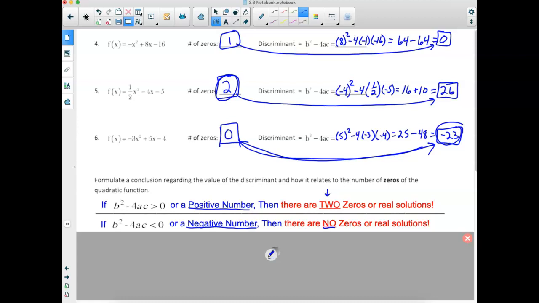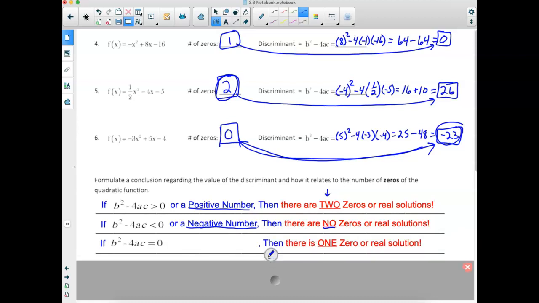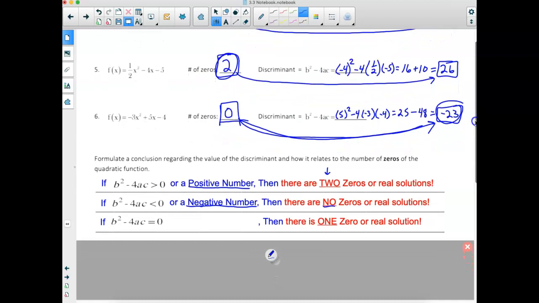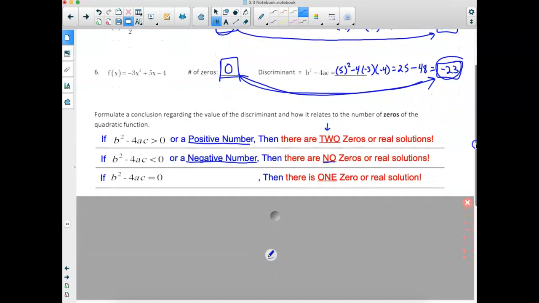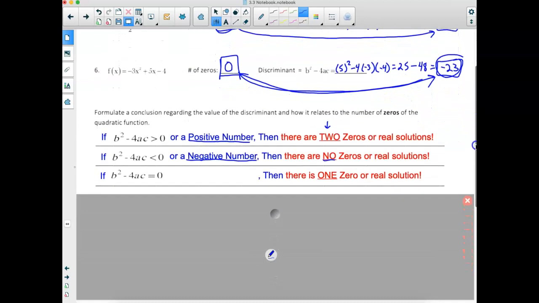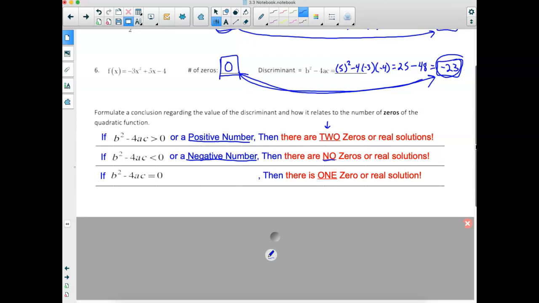And if my discriminant equals 0, meaning the number is not positive or negative, it's just straight up 0, there is one real solution, and that is where your vertex is actually your x-intercept.